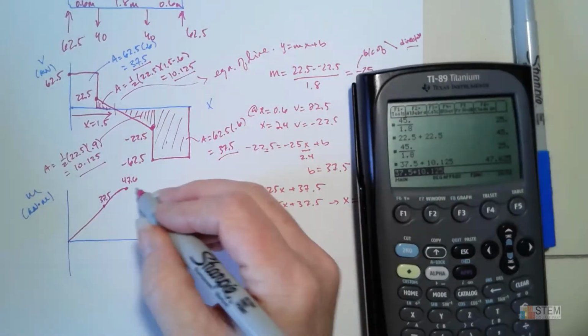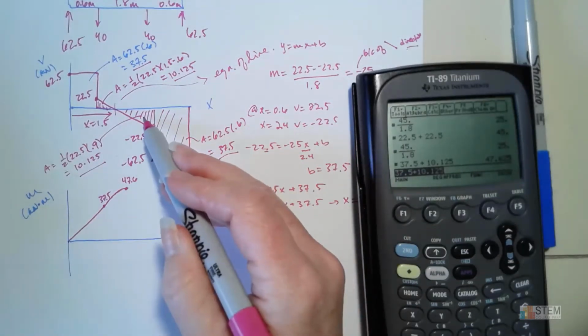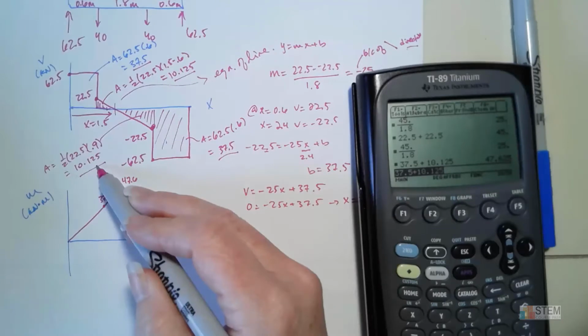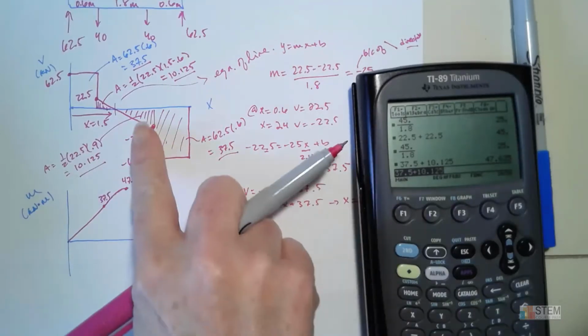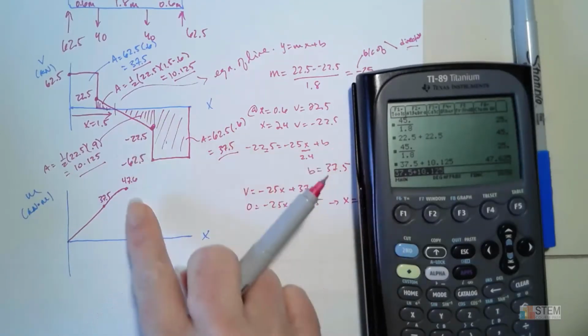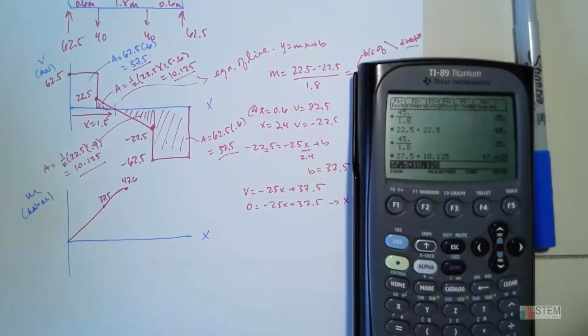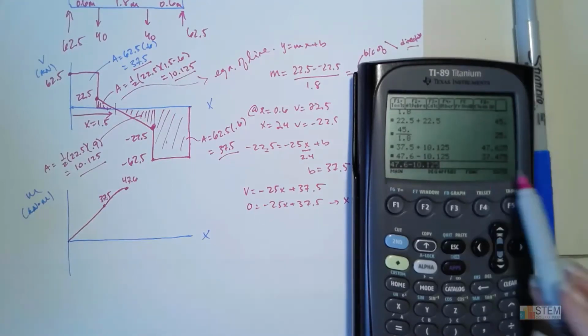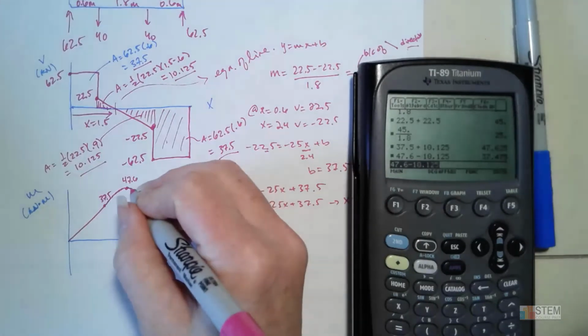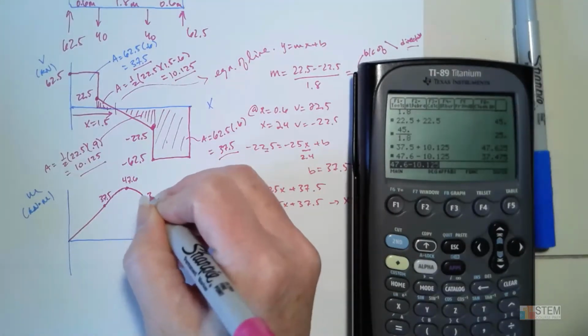All right, and then next we get this next triangle, 10.125, that's our delta. Now this is a negative V, so I know I need to go down on the M diagram. All right, so we're going to have 47.6 minus 10.125, so 37.5 approximately. So let's come back over to here.